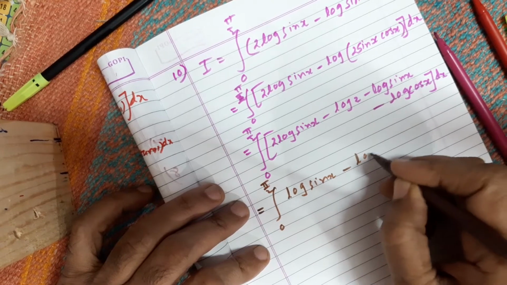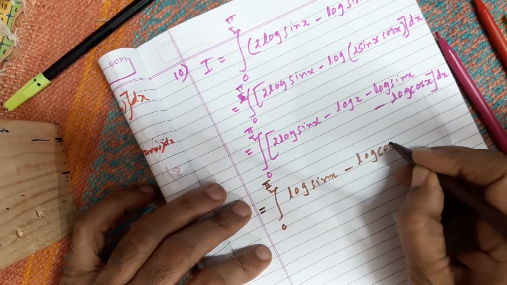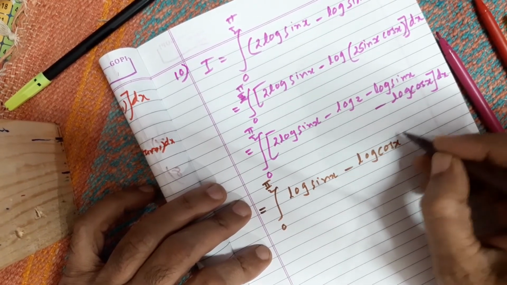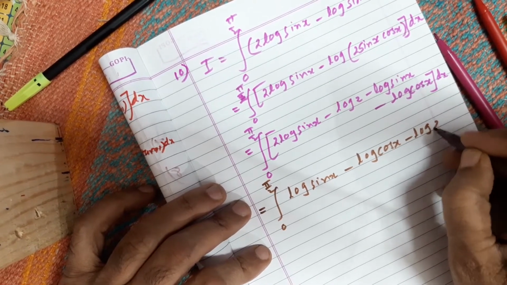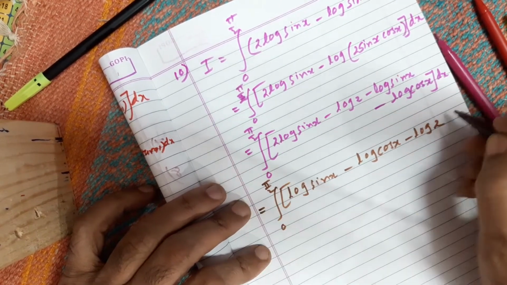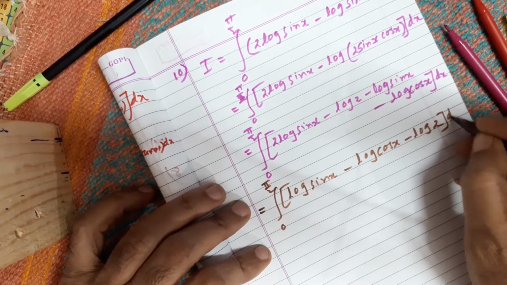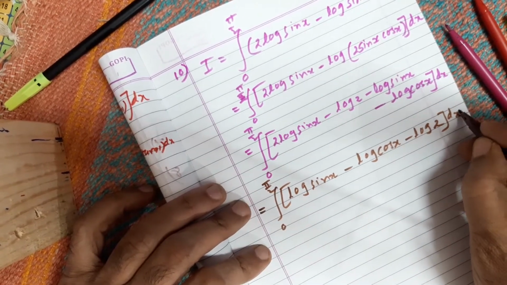So minus log cos x and this minus log 2, minus log 2 from 0 to pi by 2 and whole dx. Okay.